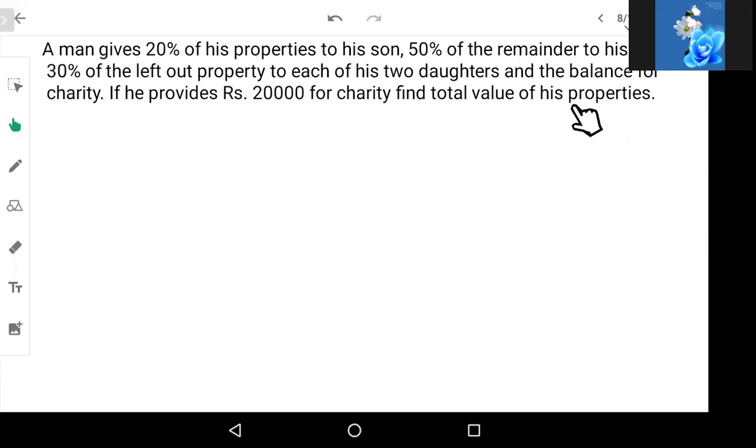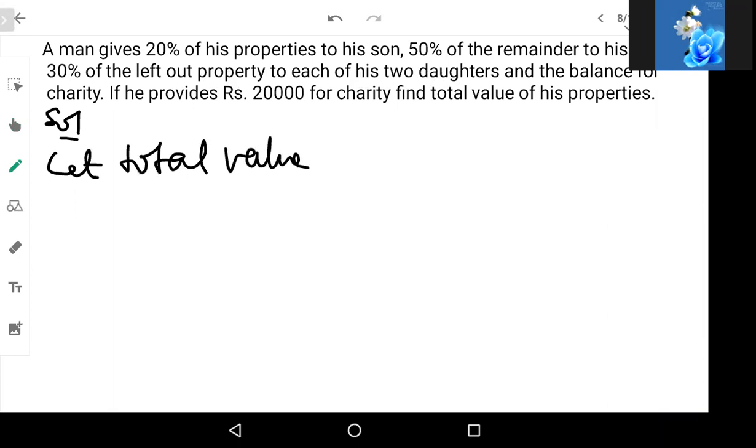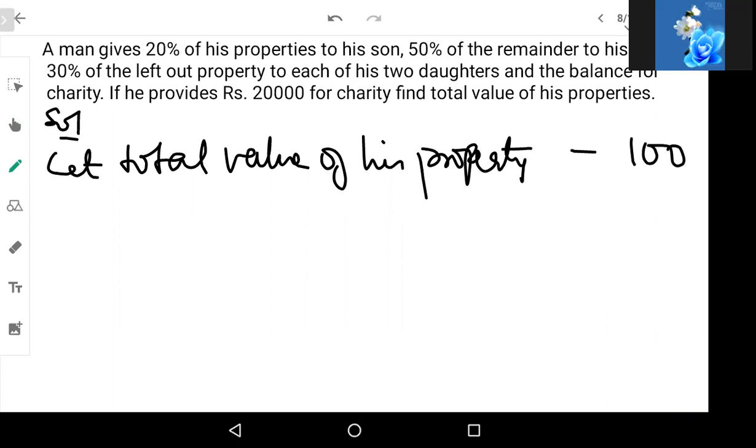Now, in such a question, it is very easy to solve because they have given everything in percentages. So we will also be solving it in percentages. Now, let us assume the total value of his property; since it is percentage, we are taking it as 100.